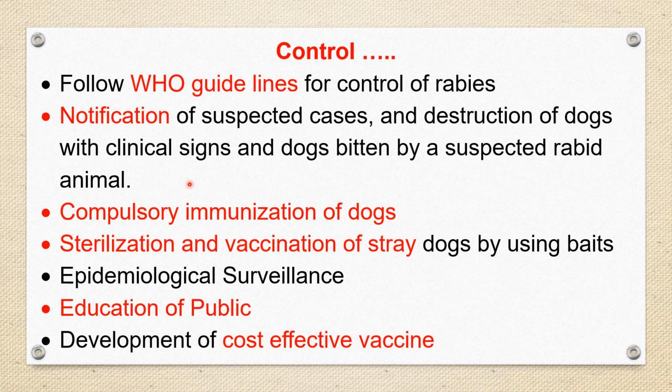This must be followed strictly. Compulsory immunization of dogs, especially street dogs. Domestic dogs, the owner can do that, but immunization of street dogs is very important. Sterilization and vaccination of the stray dogs by using baits.